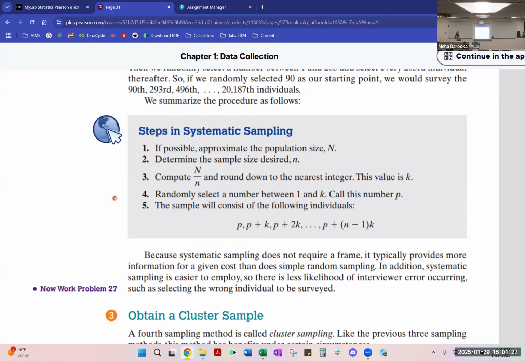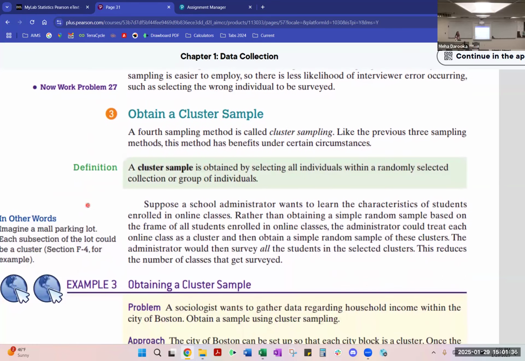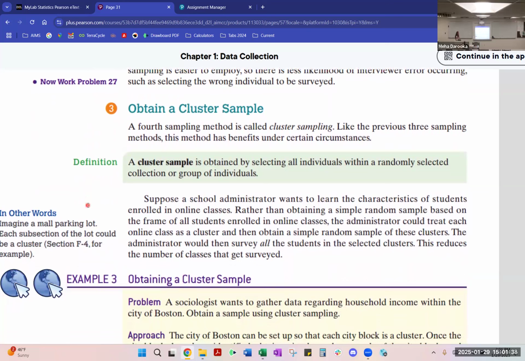Then you randomly select a number between 1 and K. They're calling it P, and then you start from the P value and keep adding K to it till you get that sample size that you're looking for. All right, so this was our third system for gathering a sample.